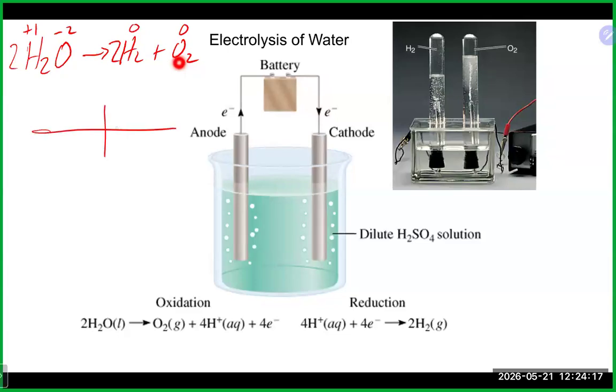Again, take a look at it here: +1 for our hydrogen going to 0, so it's getting reduced. And our oxygen is starting at -2 and ending at 0, becoming more positive in this case. So that is what we see here, oxygen going from -2 to 0, and hydrogen going from +1 to 0 on this side, being reduced.